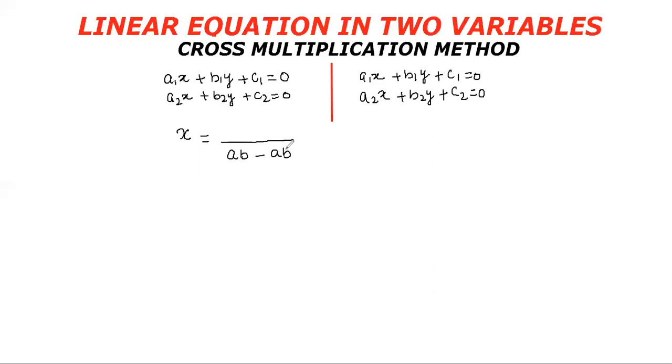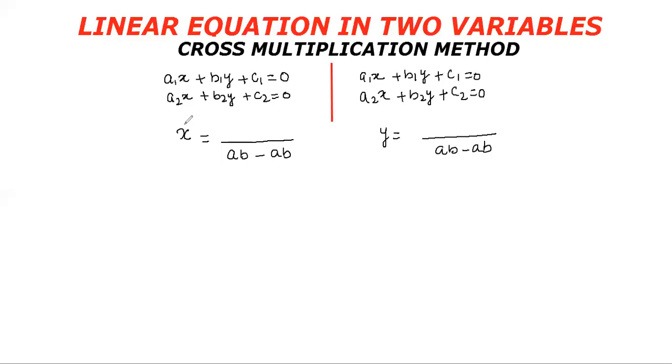I'm giving you the tips to remember the formula, and then I will tell you how to get it. Now x is equal to ab minus ab, and the denominator of y is again the same, that is ab minus ab. But if you want to write the numerator, you have to ignore the coefficient of x.